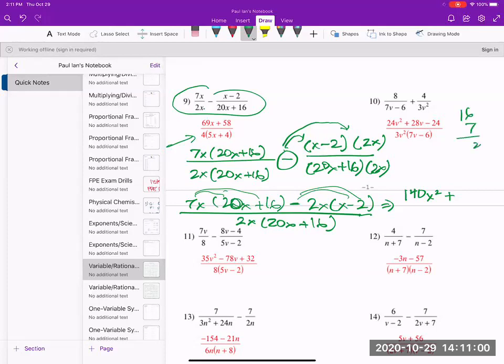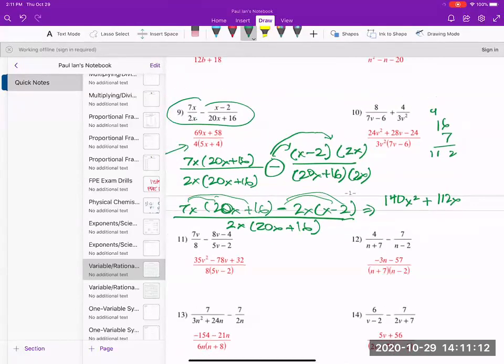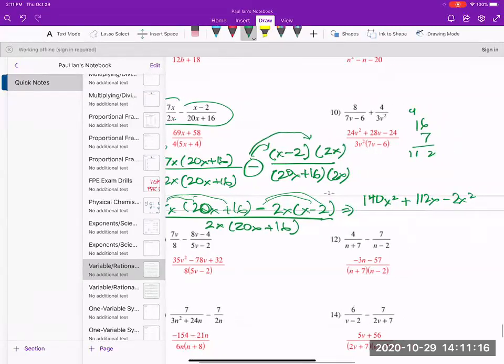That's 2, 4, 7, we'll do 112. Is that right? 16 times, yeah, it seems like it's right. 112x. And then the minus 2x squared and then plus 4x divided by 2x, 20x plus 16.